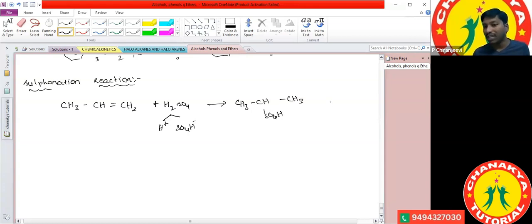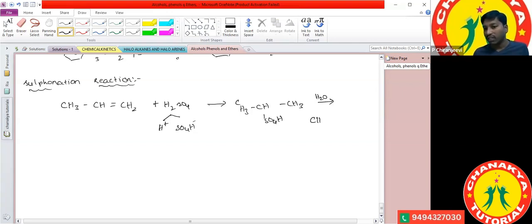Again, the given molecule is unstable. If it is unstable, it again undergoes a hydrolysis reaction. Hydrolysis reaction means addition of water molecule. If you add the water molecule, the OH group is going to be attached to this carbon, and H is going to be attached to sulfur.